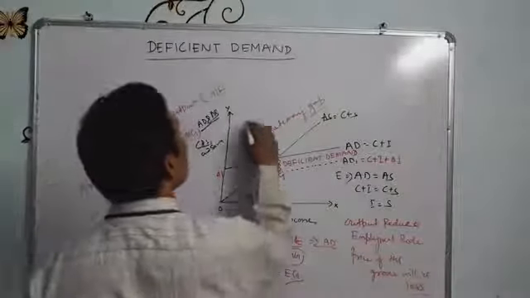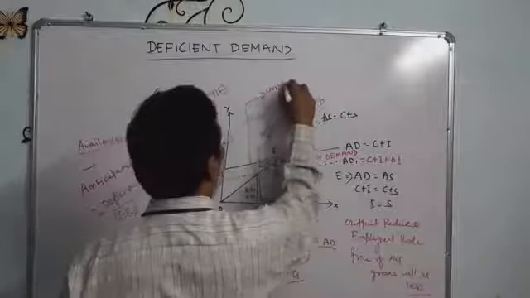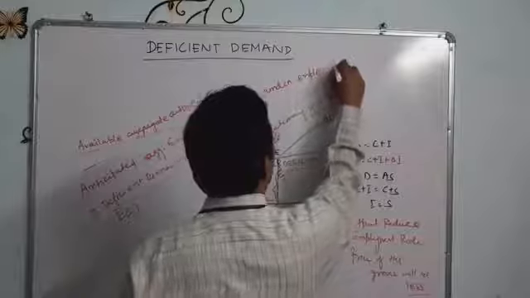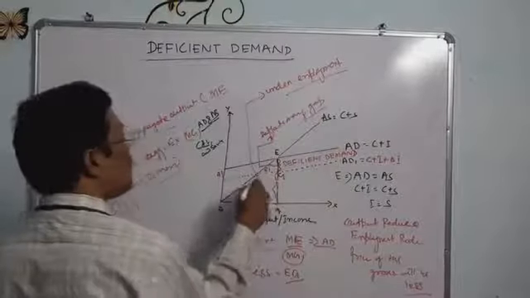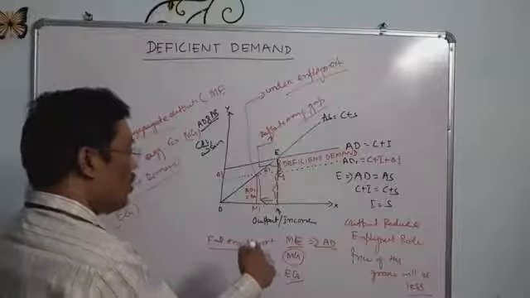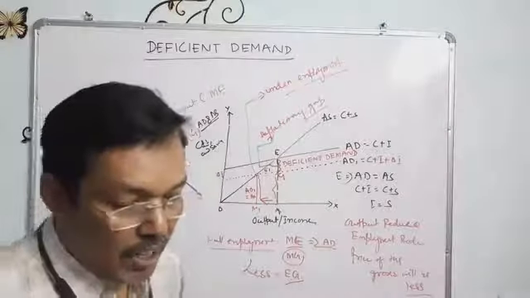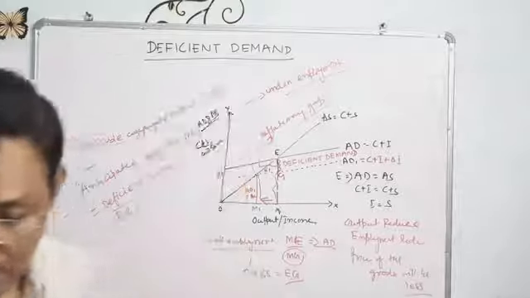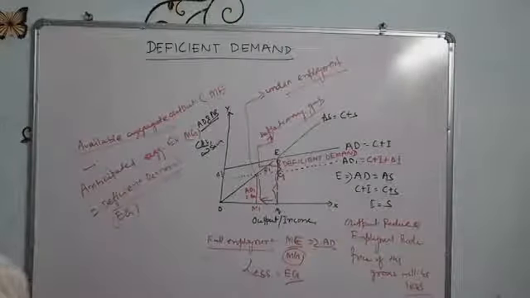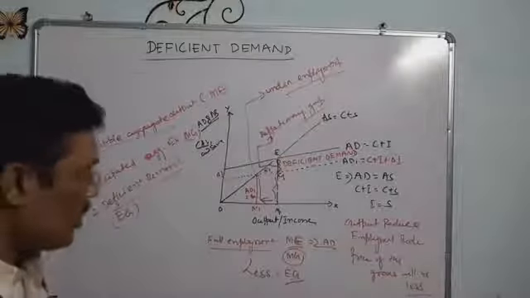It means this situation I may say is an underemployment equilibrium situation. To reach this situation, the employment will reduce, so the economic condition will be what? Income reduces, output reduces, employment reduces.